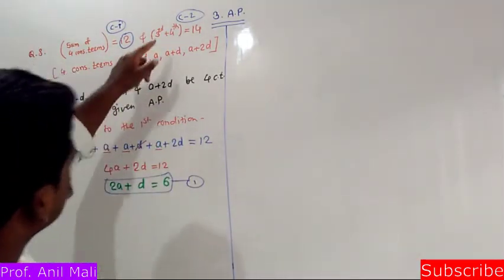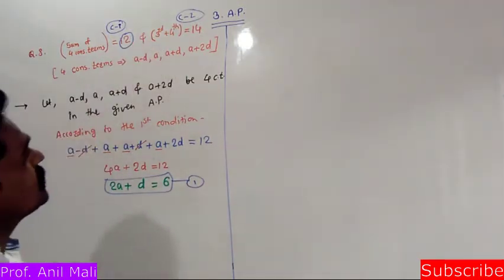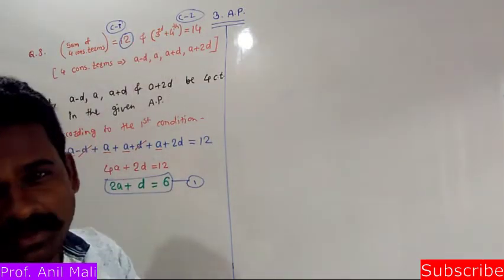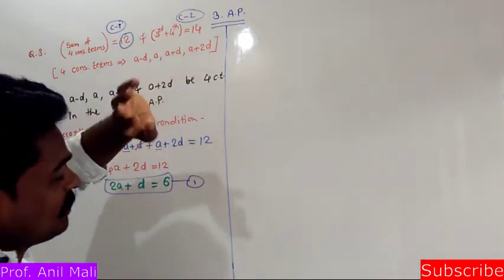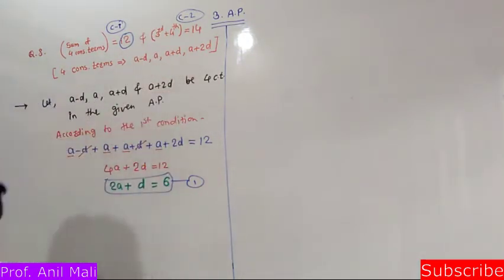Now what is condition number 2? Condition number 2 is telling us that the sum of the third and fourth term is 14.